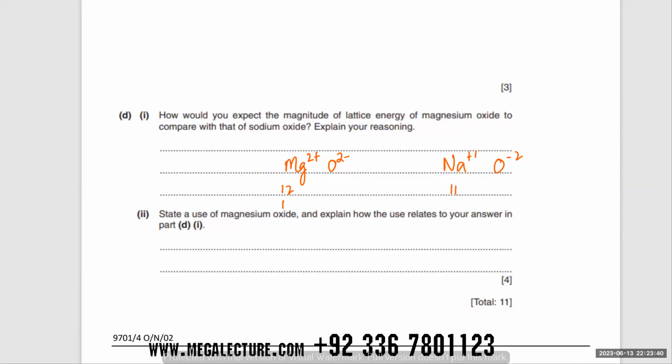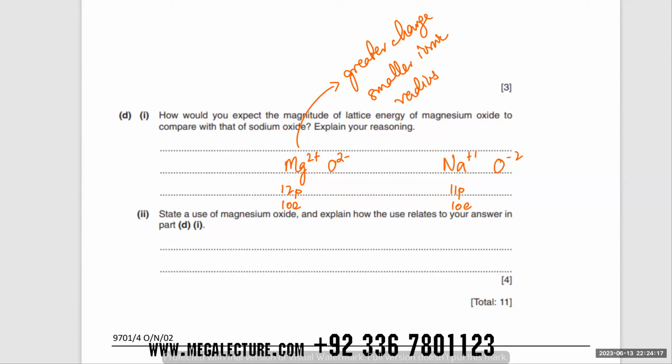Magnesium ions have 10 electrons, and sodium ions also have 10 electrons. So who's going to attract its electrons strongly? It's going to be magnesium, right? 12 protons. So not only does it have a greater charge, it's also got a smaller ionic radius. Because of both these factors, it's significantly stronger.